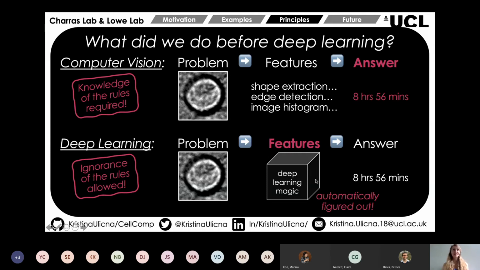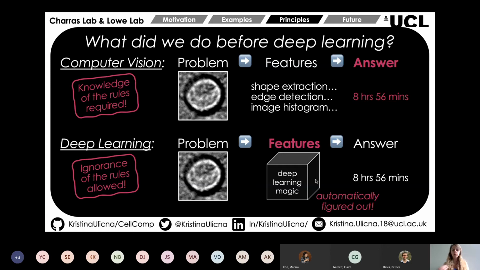Even though I'm presenting it as a great advantage, it can also function as a great disadvantage. Sometimes deep learning is referred to as the black box, or some sort of magic, or some sort of witchcraft, because it's really difficult for us scientists to understand what exactly the deep learning model is looking at.